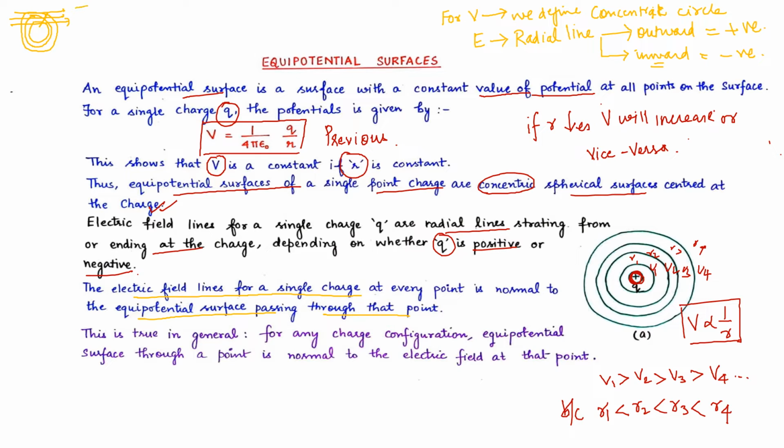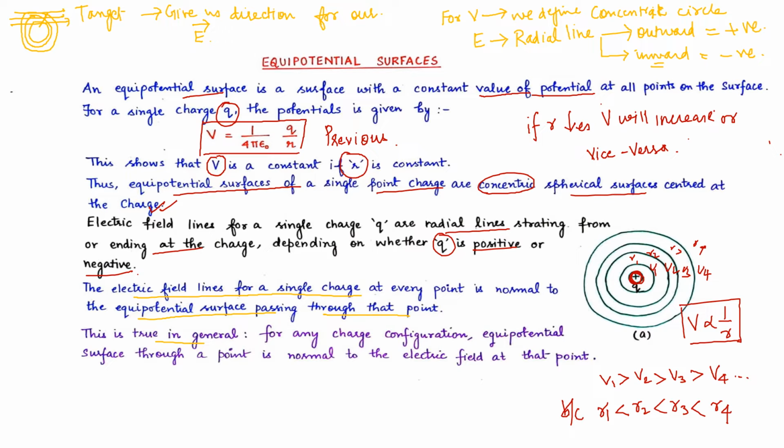These tangents give us the direction for our electric field lines. This is true in general for any charge configuration. The equipotential surface through a point is normal to the electric field at that point.